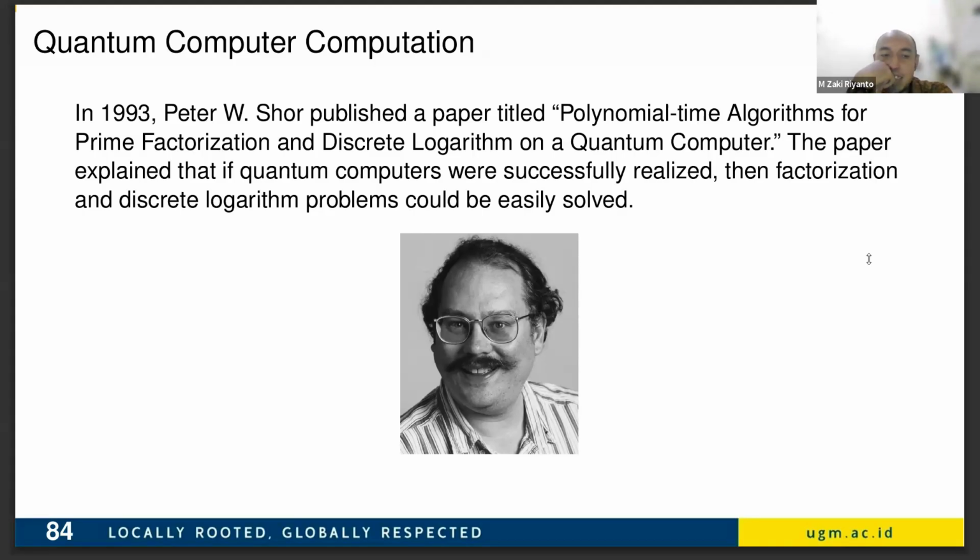This paper said that if a quantum computer is successfully realized on a big scale, then the factorization and discrete logarithm problems could be easily solved. The meaning of polynomial time is the same as easy to solve.